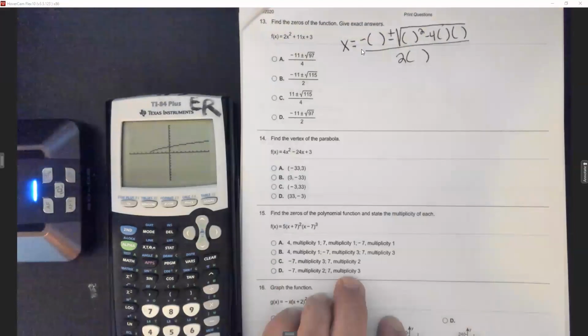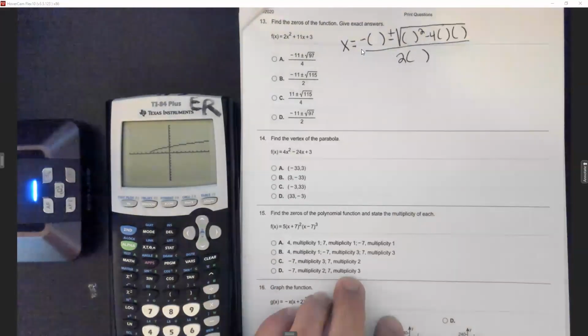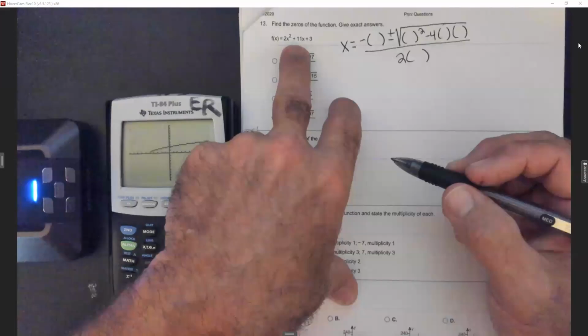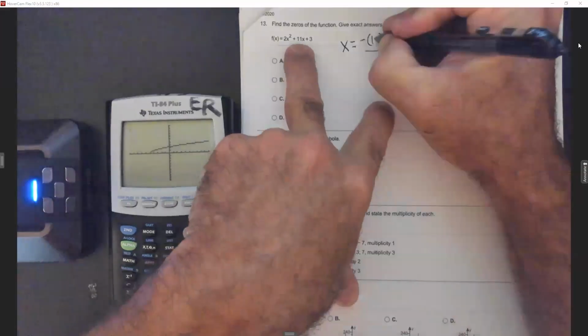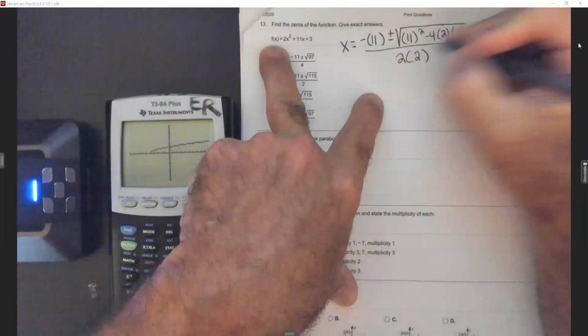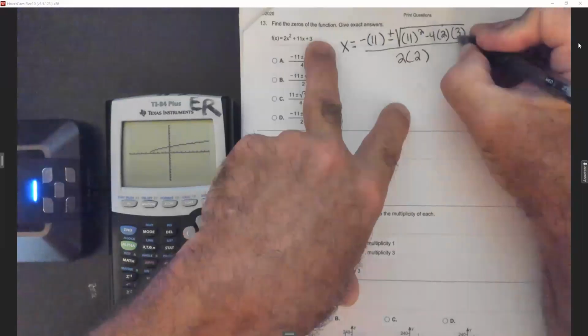So now what I'll do, put my numbers in. B is in the middle, that's 11. So that's going to be 11 and 11. A is the first number, which is a 2 and a 2. And then C is the last number, which is 3.